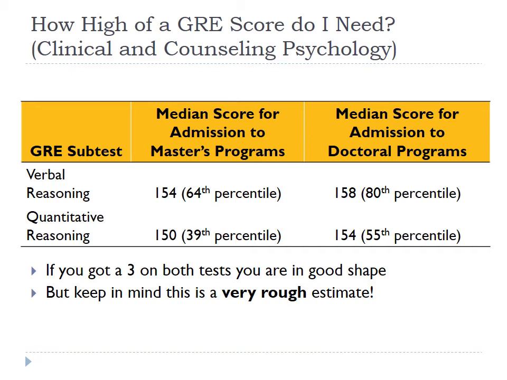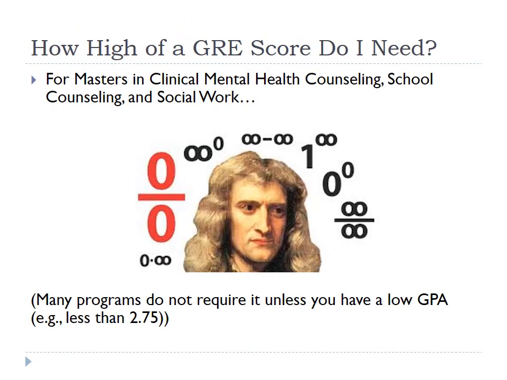So this is a good baseline for you to aim for. Now, how high of a GRE score do you need if you're going into Masters of Clinical Mental Health Counseling, Masters in School Counseling, or Masters in Social Work? You probably don't need to take the GRE if you're going into those.